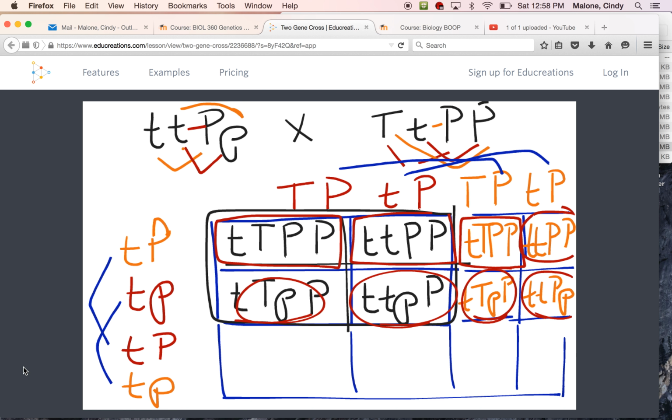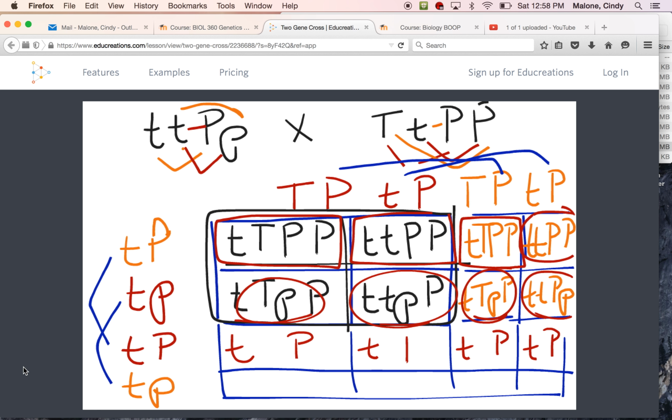When you're looking at probability, let's just finish this out here. Little t over, little t over, big P over, and so on. Oops, I forgot the last layer. Big T down, big P down, little t down, big P down.